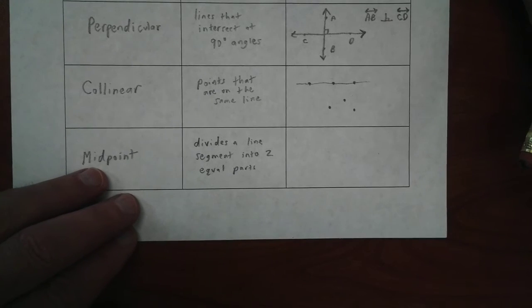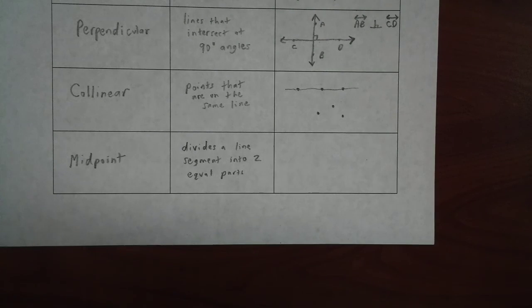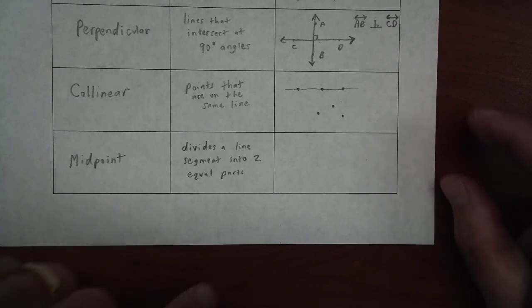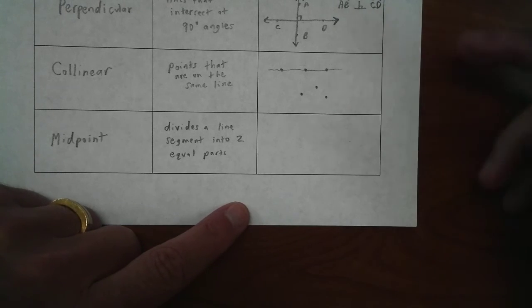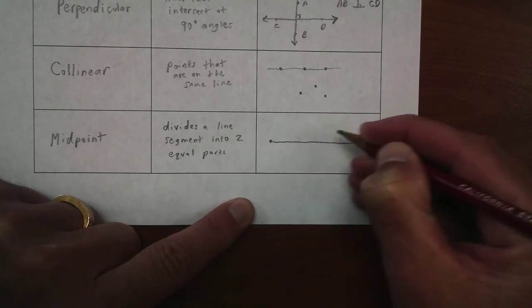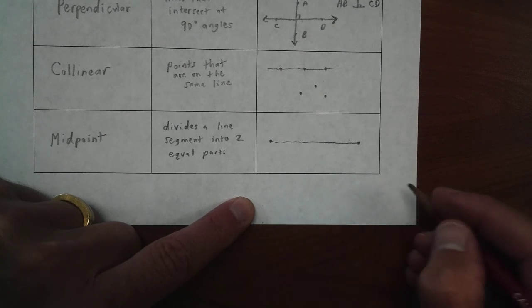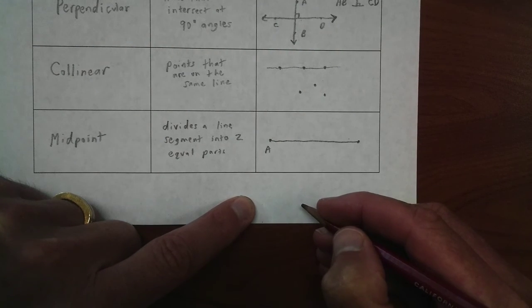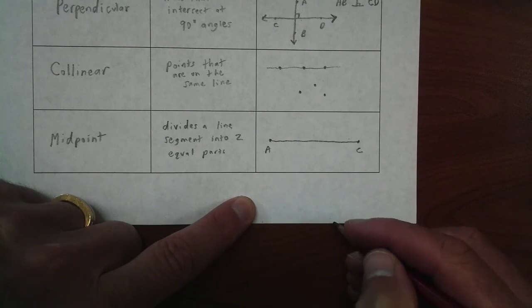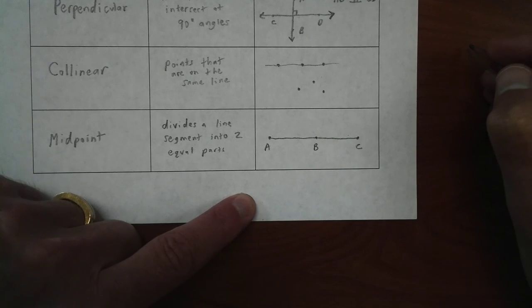So this is especially important when it comes to some of the work we'll be doing in another week or so. Here's our line segment. It's got some endpoints, right? Doesn't go on forever. Has a starting point and an ending point. Let's call this A, and we'll call this one C. And we'll put B in the middle there. B is going to be our midpoint.